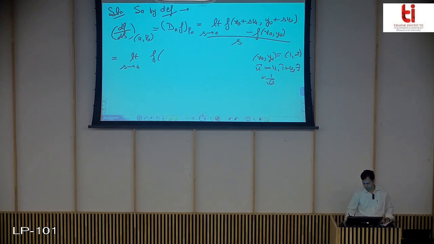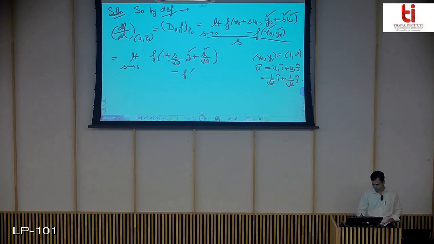So this is all the input given in the question, and I just need to put the values here: 1 plus s u1, where u1 is 1 over root 2, comma 2 plus s u2, where y naught is 2 and u2 is 1 over root 2, minus f(x naught, y naught) which is f(1, 2), upon s.